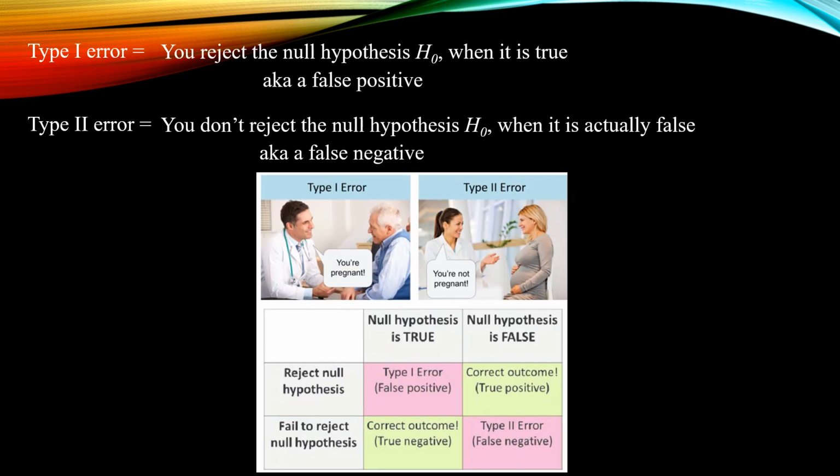So this is a classic example to distinguish between a type 1 error and a type 2 error. Let's say a person walks into a doctor's office and they want to take a test to determine whether they are pregnant or not.